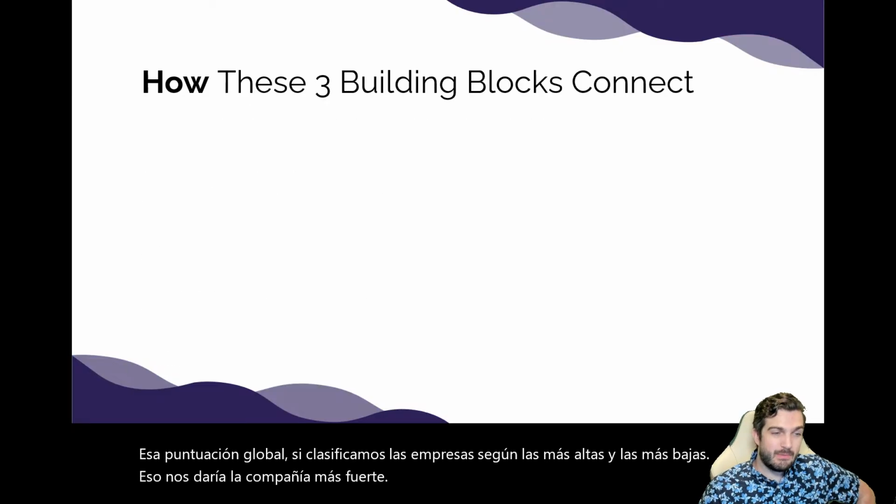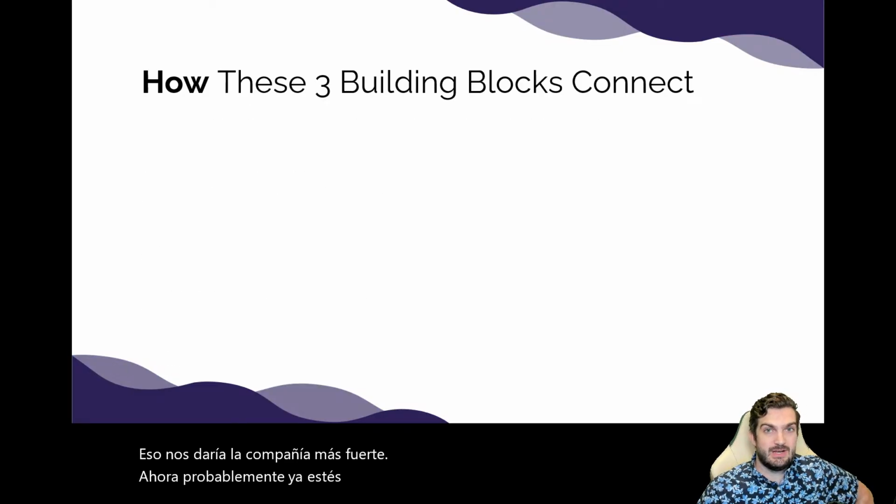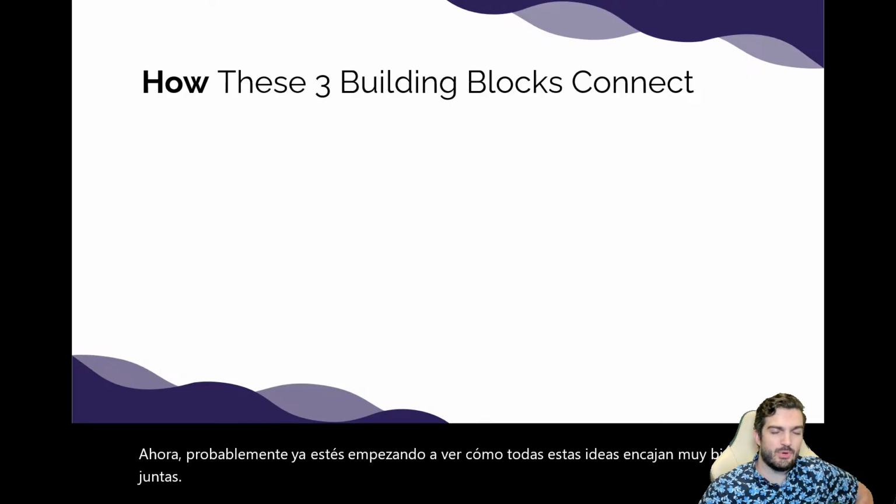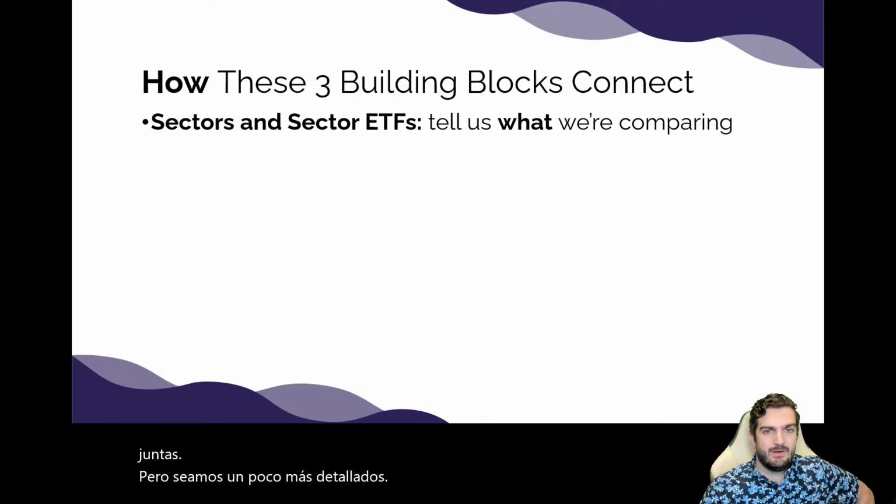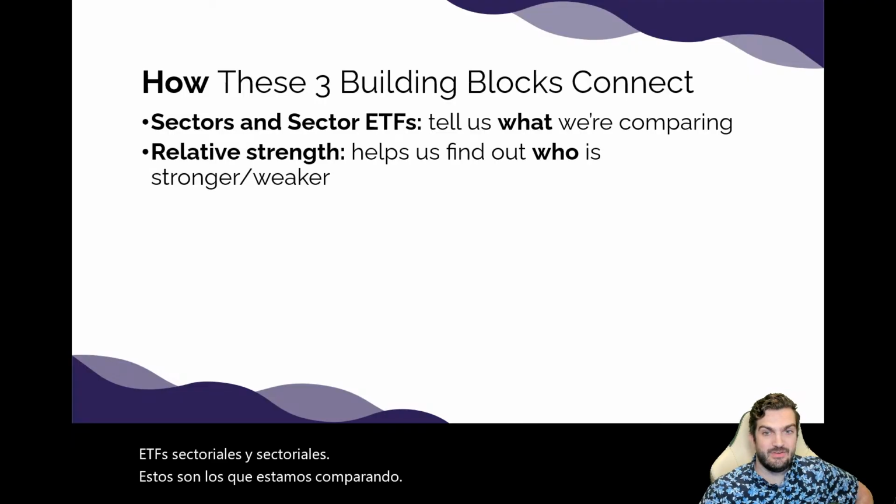Now, you're probably already starting to see how these ideas all play really well together. But let's be a little bit more detailed. Sectors and sector ETFs. These are what we're comparing. Relative strength helps us to find out who from that group is the strongest or the weakest.